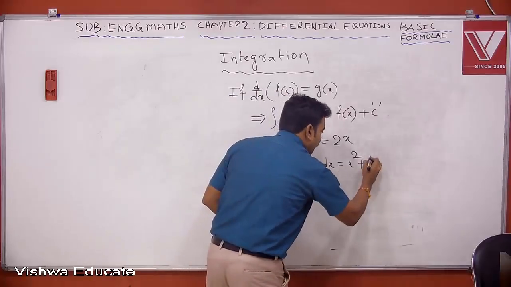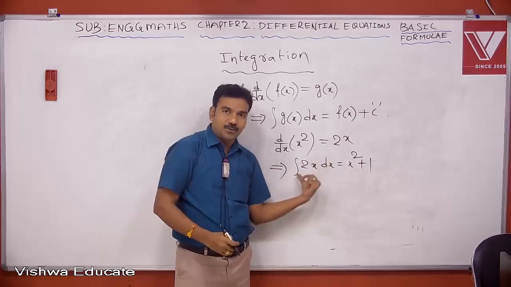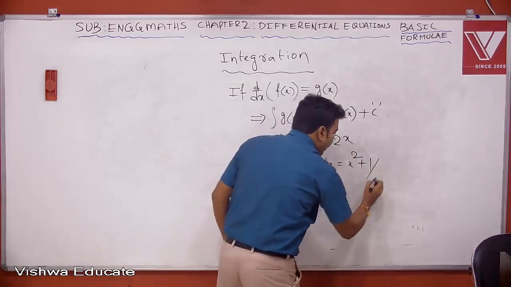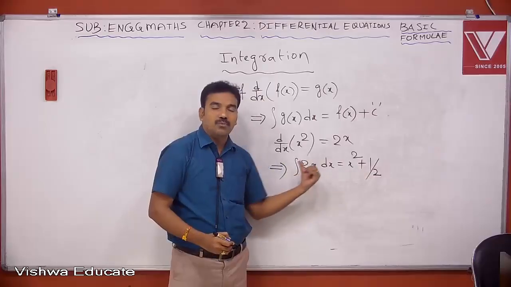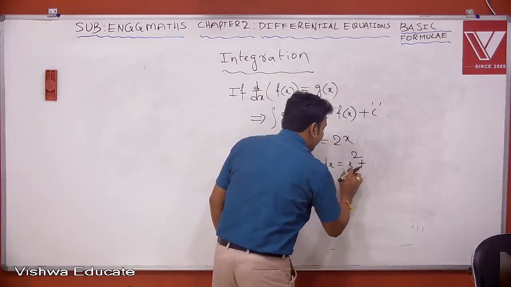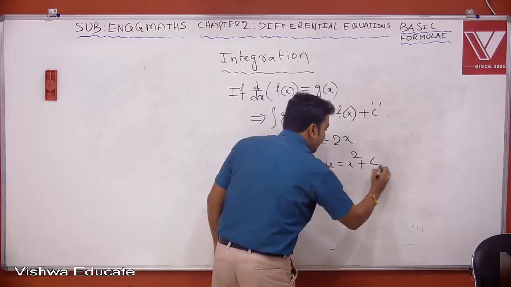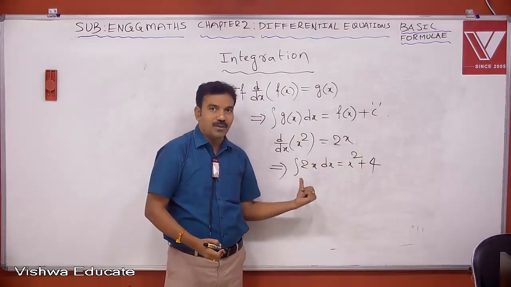I can add 1 also, because the derivative of x square plus 1 is 2x. In place of 1, we can write 1 by 2 also. Derivative of x square plus 1 by 2 equals 2x. Or integral 2x dx is x square plus 4, because d by dx of x square plus 4 is 2x.